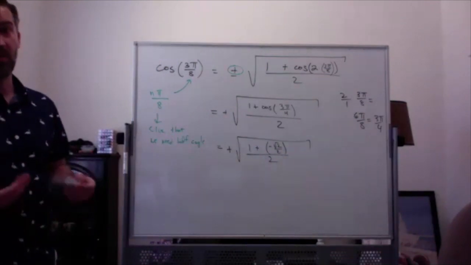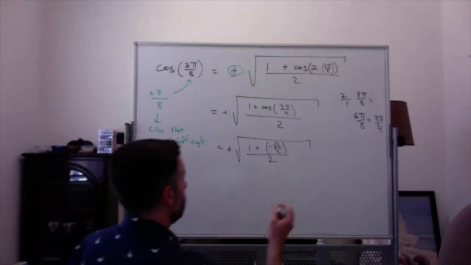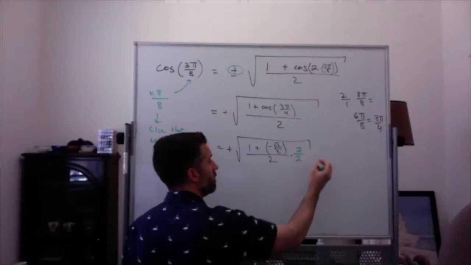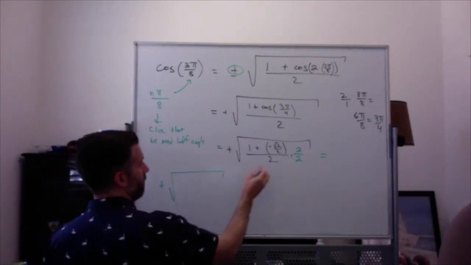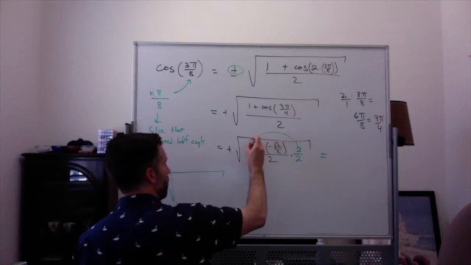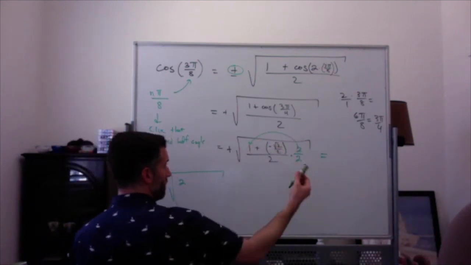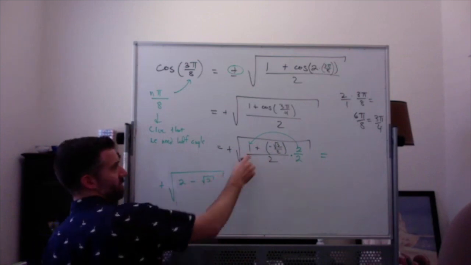All right, and now we go through the same couple steps to simplify it. On the inside, we multiply by 2 over 2. So we get positive square root of 2 times 1 is 2. 2 times root 2 over 2, the 2s cancel, and you just get minus root 2, because it's plus a minus.